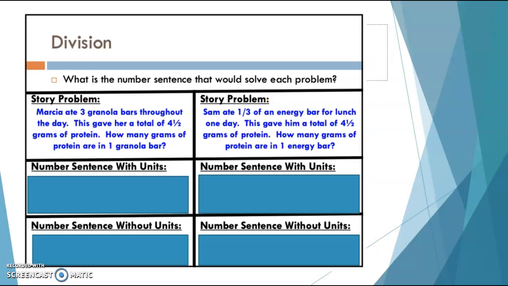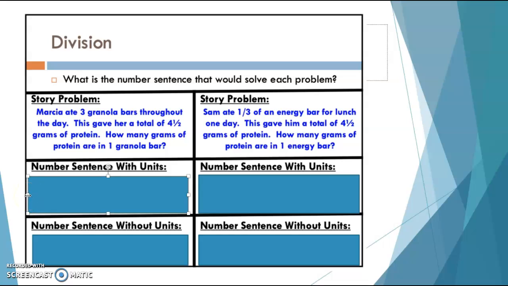Okay, what is the number sentence that would solve each of the problems? So again, pencil to paper, Marcia ate 3 granola bars throughout the day. This gave her a total of 4.5 grams of protein. How many grams of protein are in 1 granola bar?